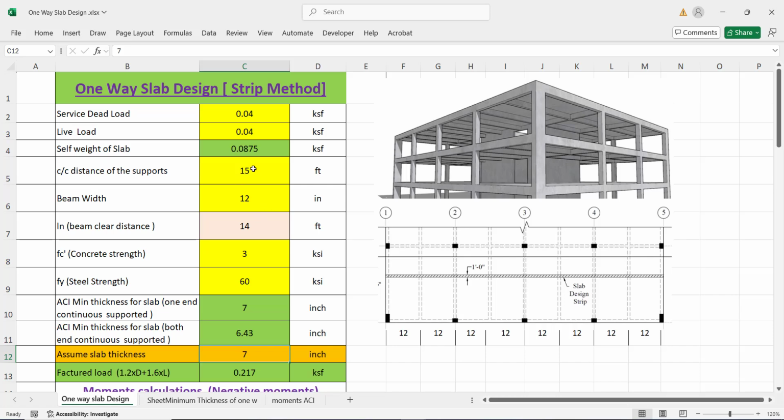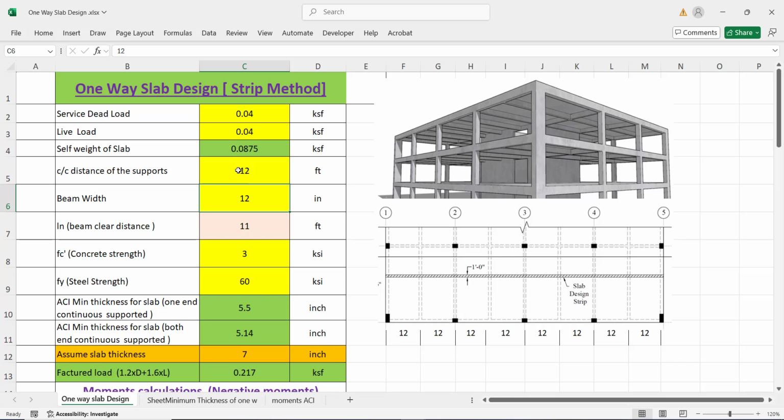Suppose I change the distance between the two supports and make it 14; automatically this changes to 6.5. If I make it 13, it changes automatically to 6. If I make it 12, the center distance, like here we have taken 12.